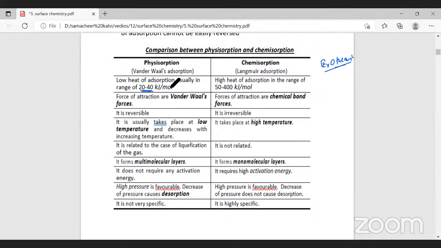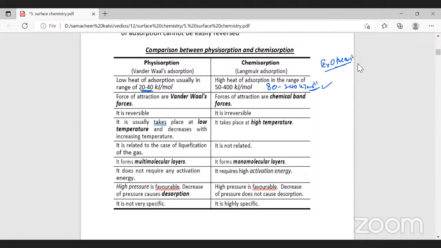In chemical adsorption, the amount of heat liberated is in the range of 80 to 240 kilojoules per mole. Here they have given 50 to 400 kilojoules per mole, but in NCERT textbooks it is given as 80 to 240 kilojoules per mole.